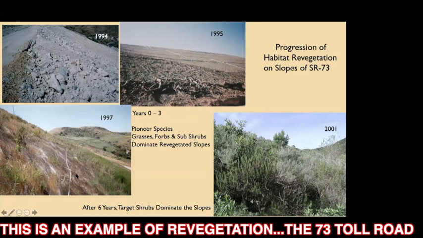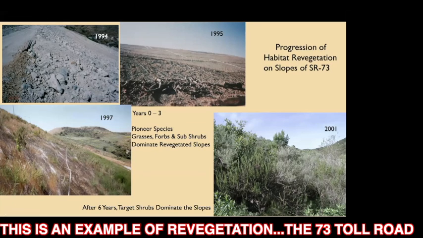So this is what I term the living mulch. This is a native grass that we seeded heavily, along with all the other seeds we were putting on. So we put our pioneer species, our grasses, our forbs, subshrubs such as deerweed, and also what our target dominant revegetation would be.